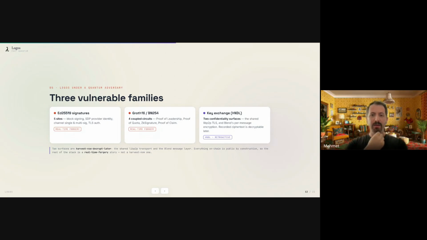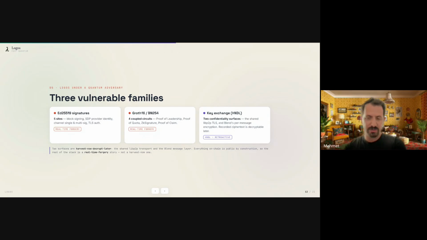But the signatures and the proofs are real-time forgery, which means that we still have time to change these algorithms. Because as I explained before, if there is no cryptographically relevant quantum computer, this is not a problem for security.